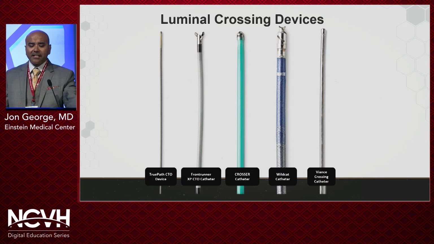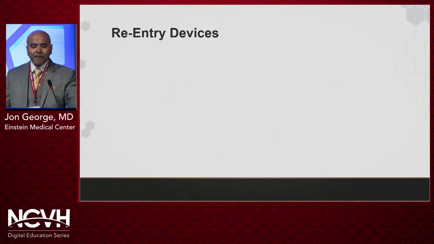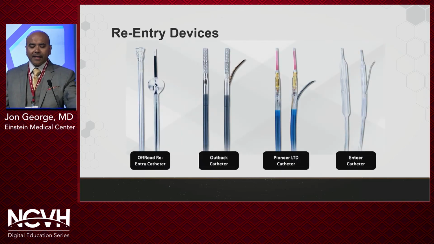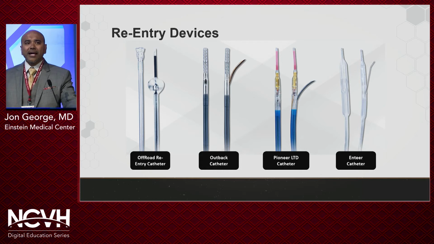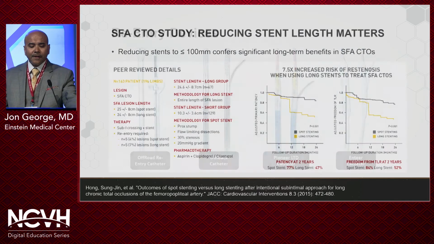But some of these devices have varying forms of going or traversing an occlusion depending on how fibrotic they are and what the primary mode of crossing them will be. And then the reentry devices, again, you have an assortment of reentry devices with the balloon-assisted reentry from the subintimal space up to imaging-guided reentry with the Pioneer catheter using IVUS.